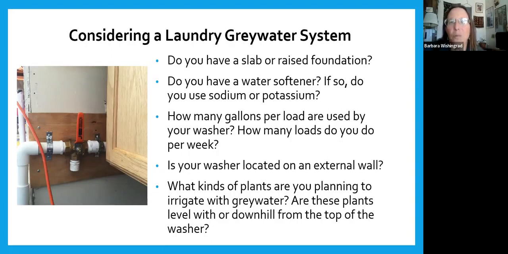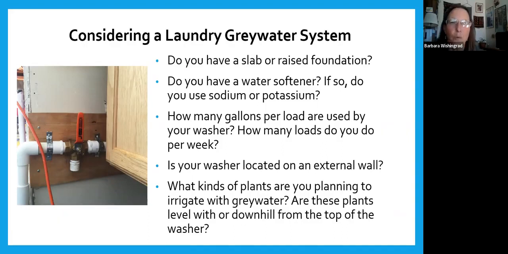And what kind of plants are you planning to irrigate? This is one way that you can get medium water use plants in the landscape and still not raise your water bill by putting them on gray water. So it's kind of exciting. We especially like fruit trees to go on these. And plants need to be level with or downhill from the top of the washer in order to do the laundry to landscape gray water system, which is permit free and doesn't have a pump.